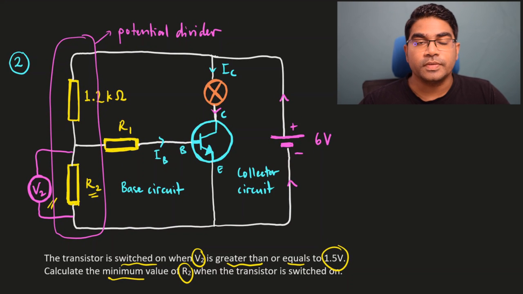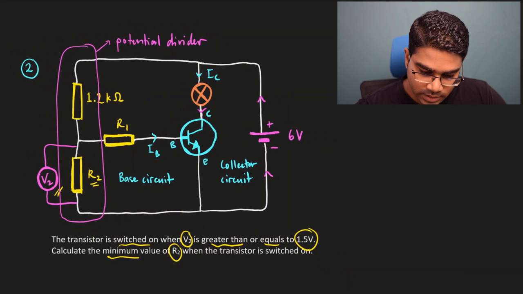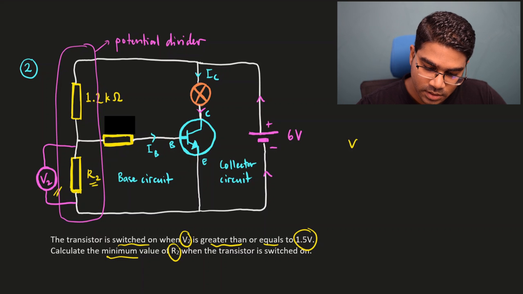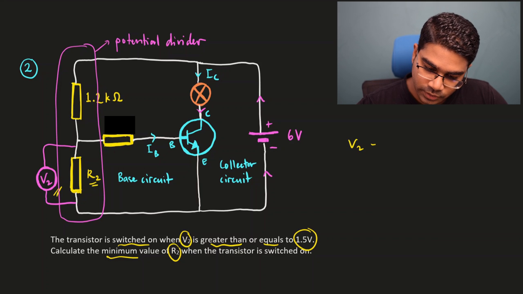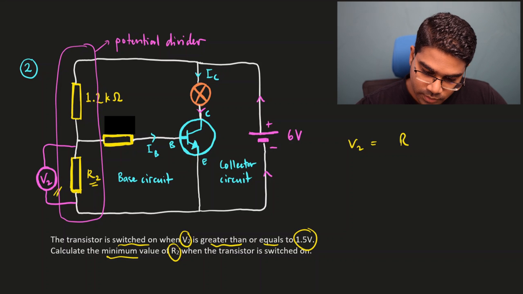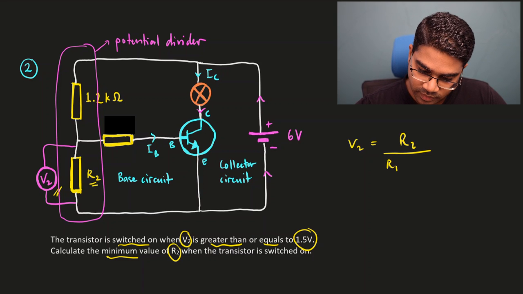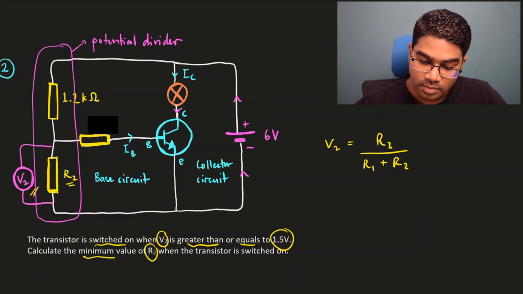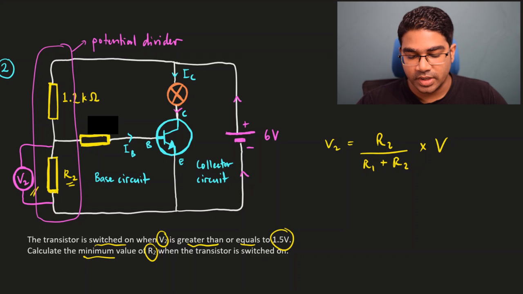The formula we use to find the potential difference across one of the resistors in a potential divider is this. The potential difference V, let's call it V2, since we are focusing on V2. V2 will be equal to the resistance of the resistor, R2, resistance of whatever component is there, over the sum of resistance of both components in the potential divider, so R1 plus R2, multiplied by the EMF, V, the voltage of the battery.